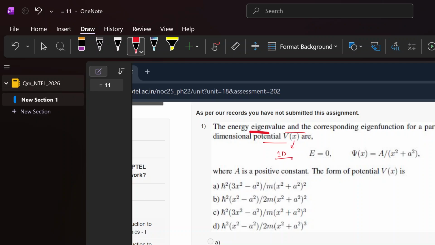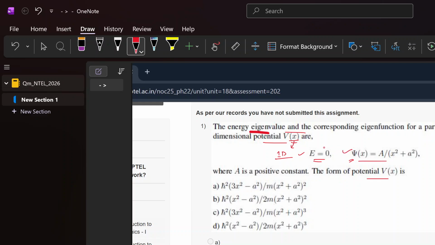You have the information that the particle can have this eigenfunction, and the energy eigenvalue is the eigenvalue of the Hamiltonian operator acting on this eigenfunction psi(x), right? Now this psi(x) has an unknown positive constant a, and you have to find out what potential is involved when you get this kind of eigenvalue and eigenfunction solution.